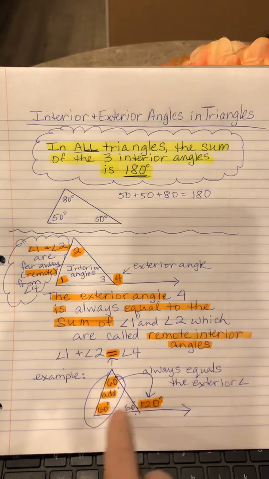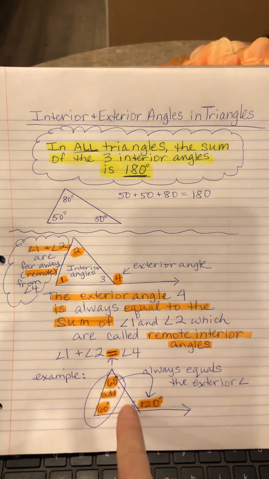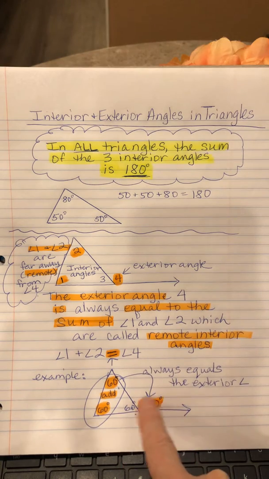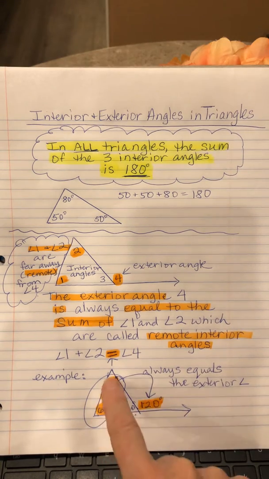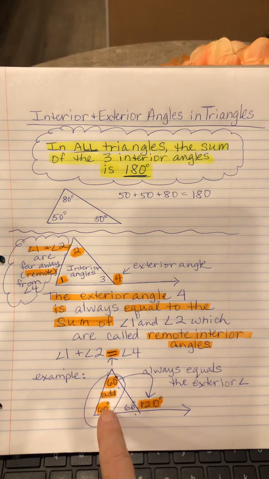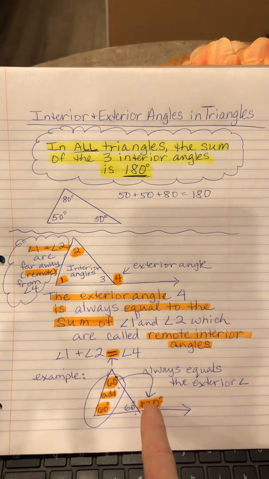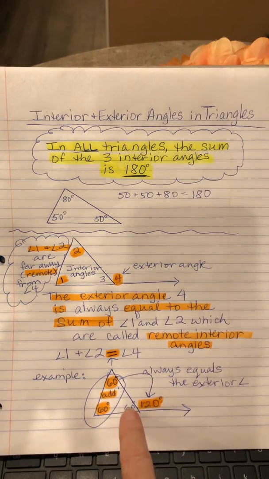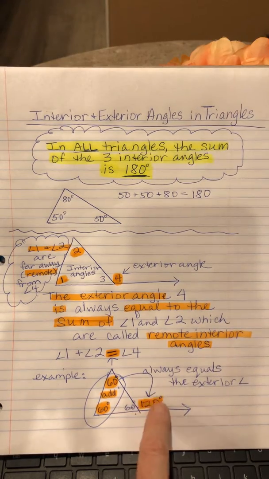Here's an example. 60, 60, 60 are the three angles inside the triangle. 120 is the exterior angle. The two inside angles added together always equal the outside angle. This 60 that we weren't using for adding up the two remote interior angles, add that to the 120, and that is supplementary, so it adds up to 180.